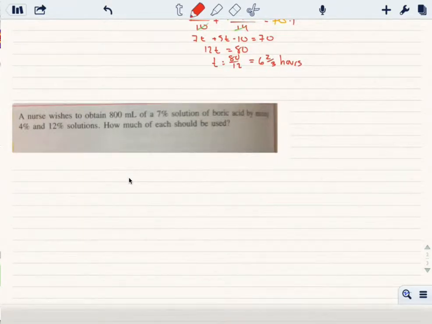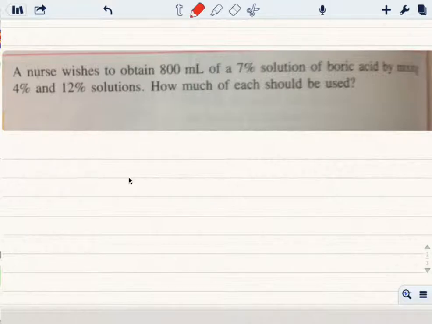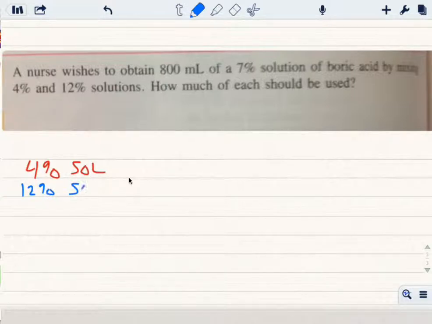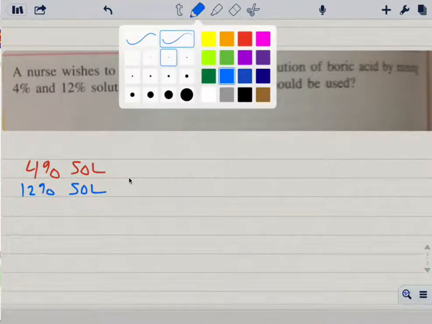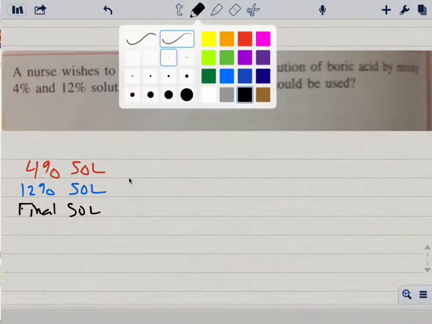Okay, so sometimes it helps to make a little box for this. All right, so in our little box, we've got a 4% solution, a 12% solution, and then you've got a final solution.